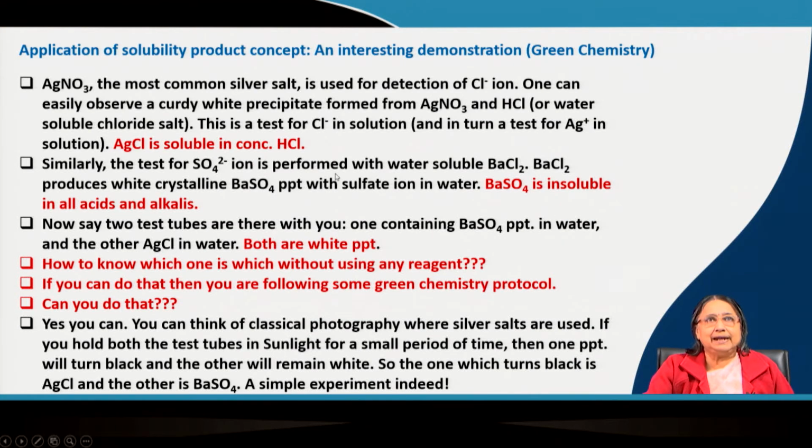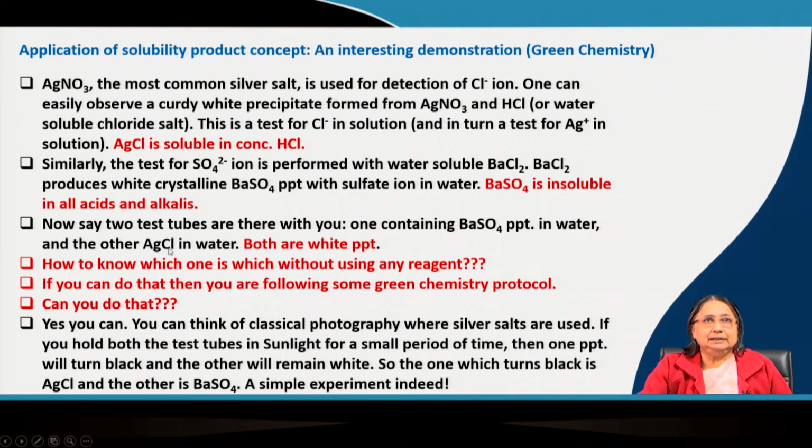This is a test by adding some chemicals. This is not a green chemistry approach. You know that we have to do it without using some reagent, or without using too many things. If we can do something like that, then it is a green approach. So, my question is coming now. Say two test tubes I have given, one containing silver chloride and another containing barium sulphate precipitate, in water.